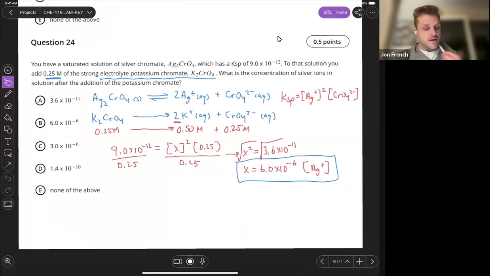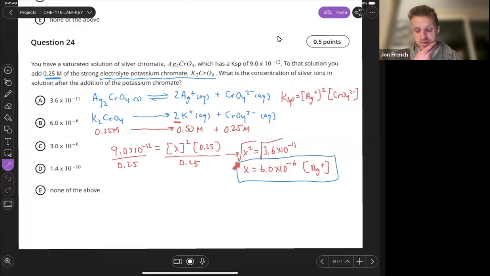Yeah, so we don't need to multiply it by 2 because we defined it as x. So as soon as we find x, that is actually the concentration of silver already. As Ariel is saying, if we defined it as 2x, then you'd have to multiply it by 2 once you actually found x.